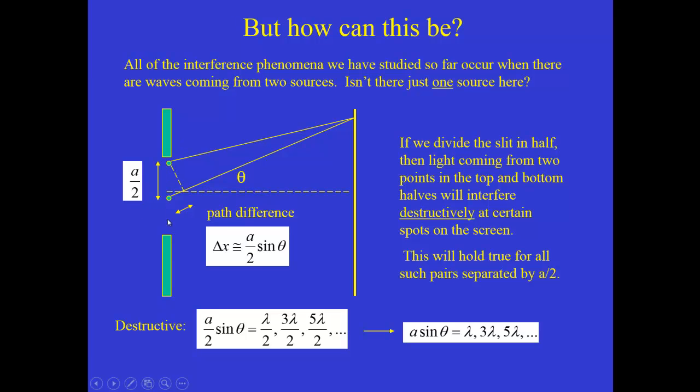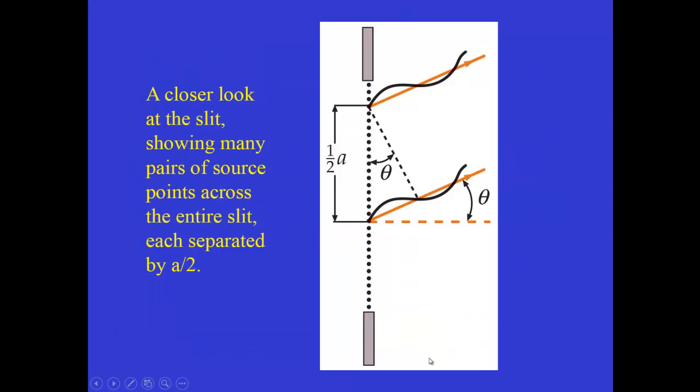So all of the different points in the slit could be paired up like this, and this would tell us that at the right value of theta we would get destructive interference. But this is not the end of the story.